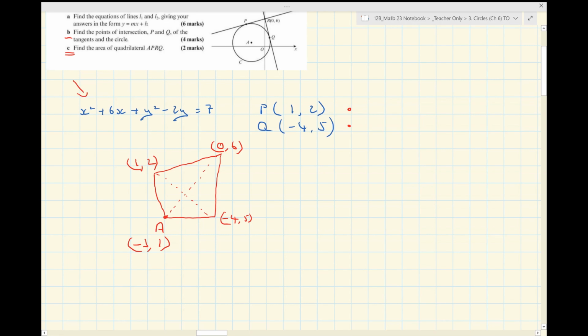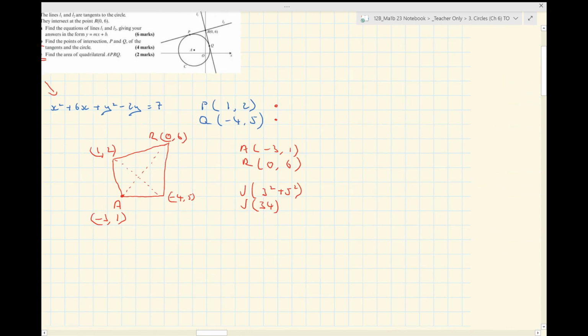So let's have a think about the length of these diagonals. I've got A to R, haven't I? Well, A is (-3, 1), and R is (0, 6). So the length of that diagonal there is going to be the square root of 3 squared plus 5 squared, which is the square root of 9 plus 25, square root of 34.